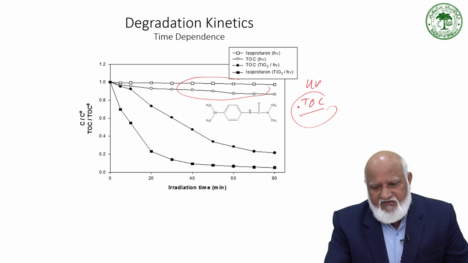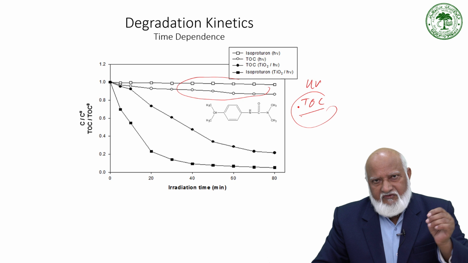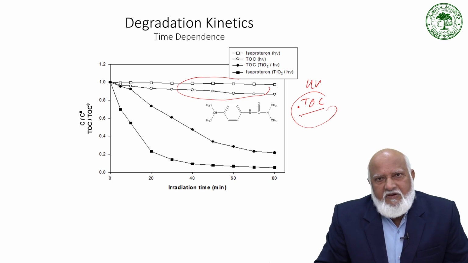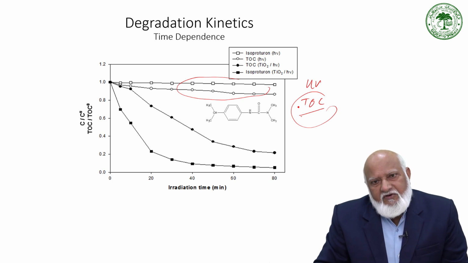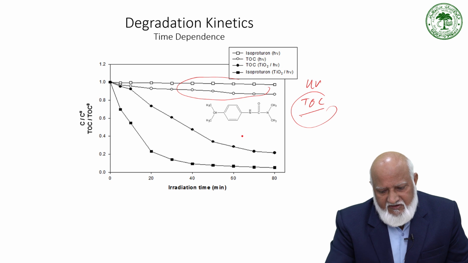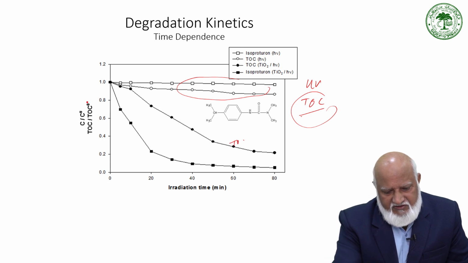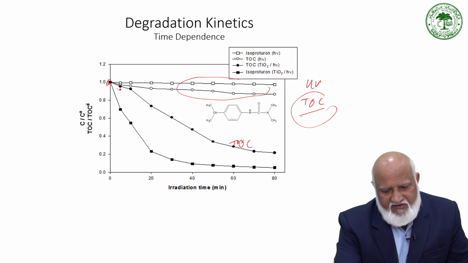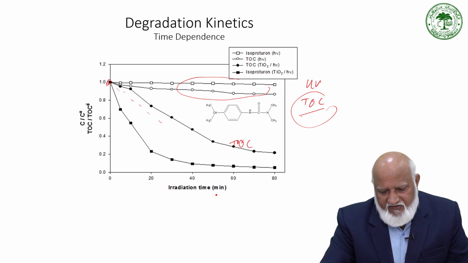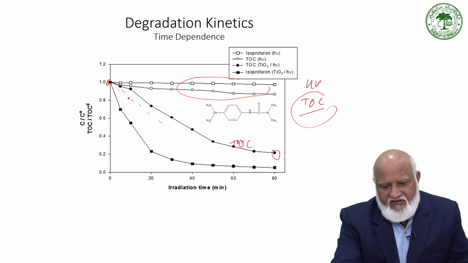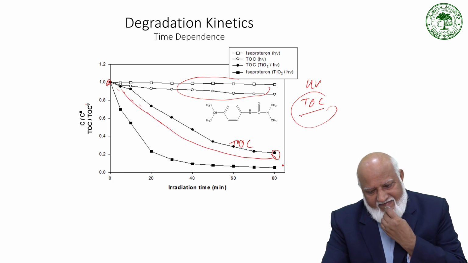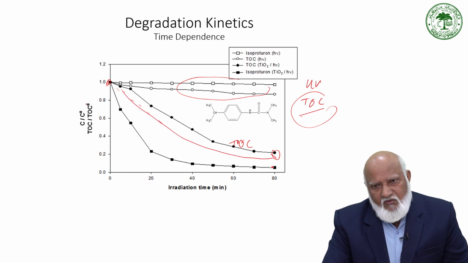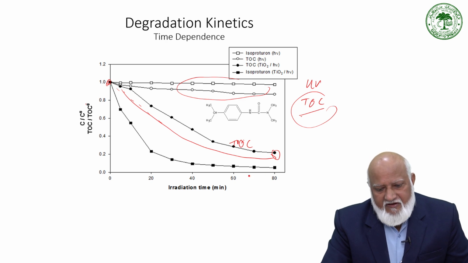We measure TOC before the irradiation, and at different time intervals we can see the decrease in TOC. You can see that at time 0 it is this much, and then slowly, at an irradiation time of 80 minutes, the TOC has decreased to quite a low value, and the decrease in TOC means mineralization.